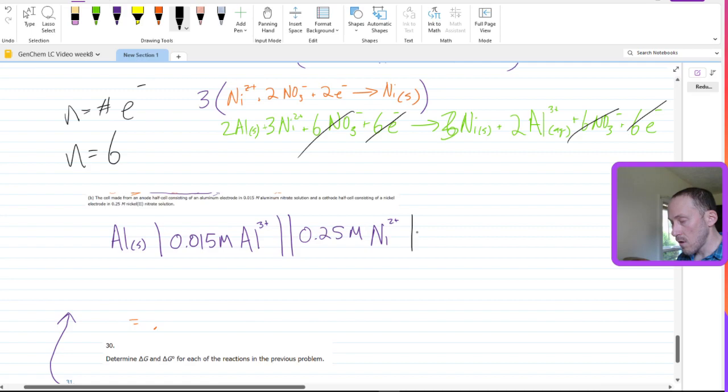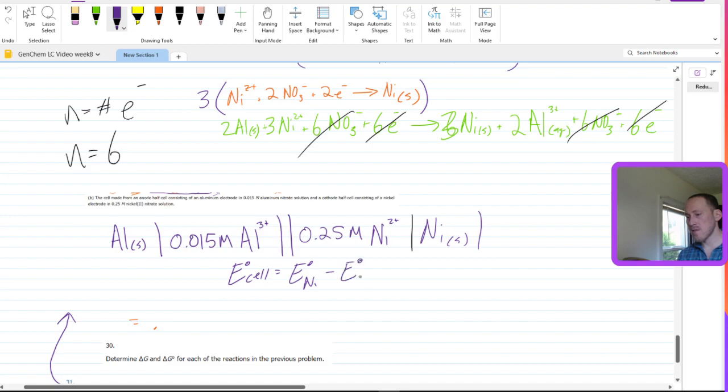Okay, so on the cathode side, the nickel goes to solid nickel. Okay, cool. Our standard cell is going to equal standard for nickel minus the standard for aluminum.